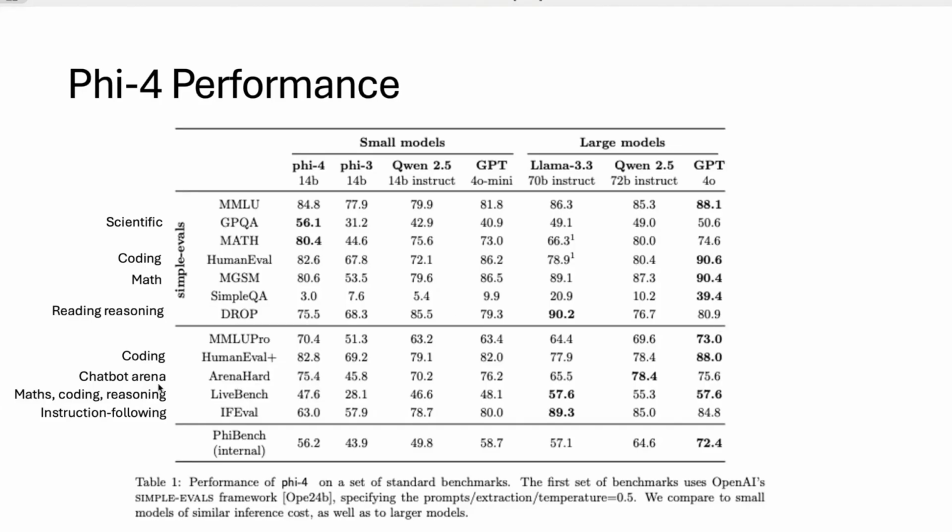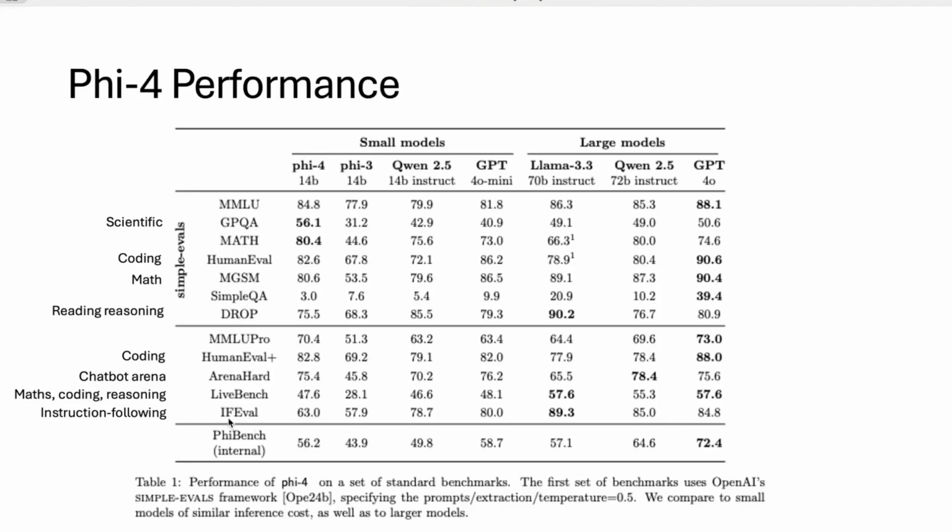For example, on the Chatbot Arena dataset, which is more like actual user Q&A data to evaluate how helpful the LLM is for humans, it is able to achieve comparable performance to GPT-4o. And of course, there are some gaps.